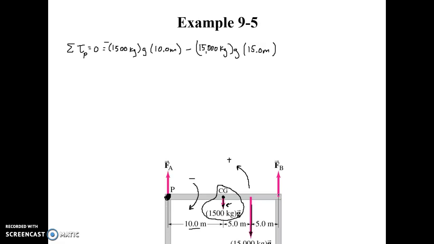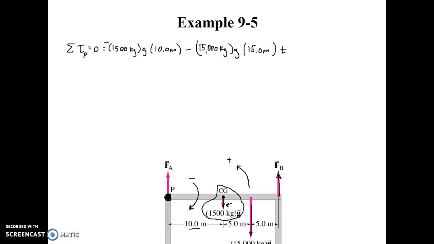And then finally, those two forces are going to be resisted by the support at the extreme end of the beam. So that's going to cause a counterclockwise rotation about that point.